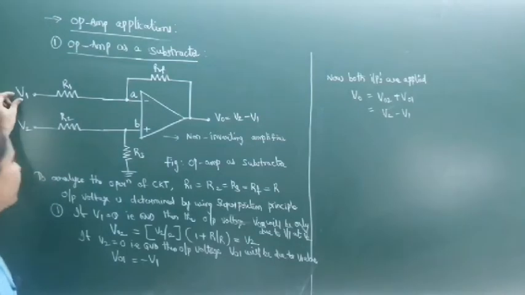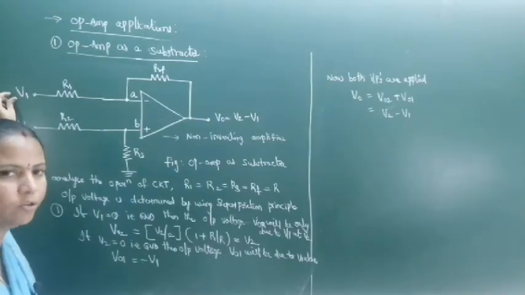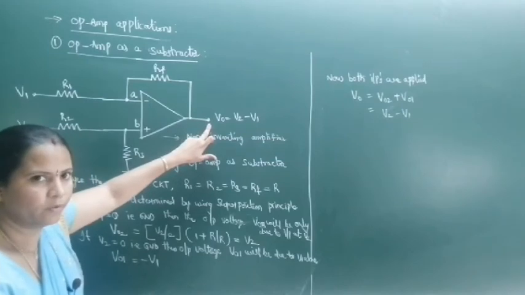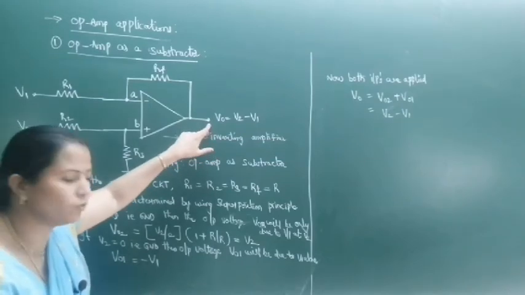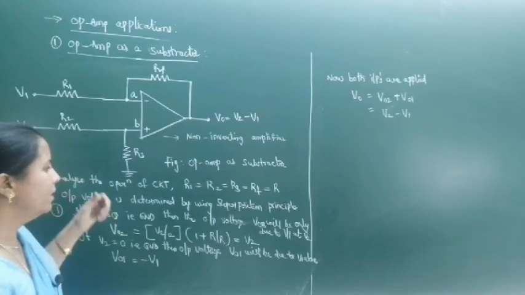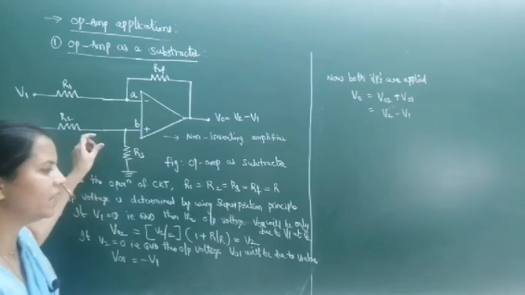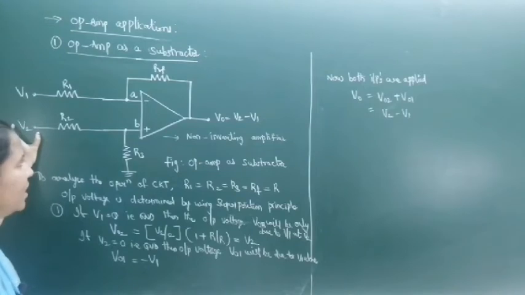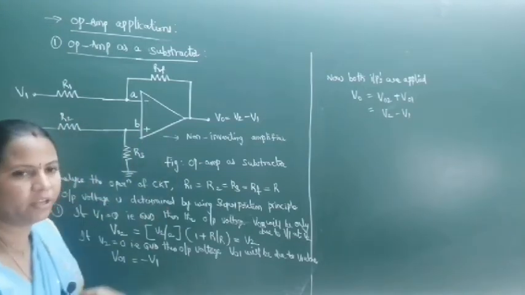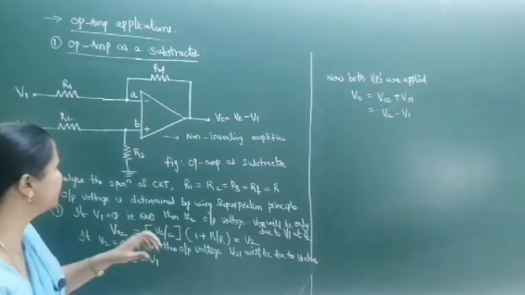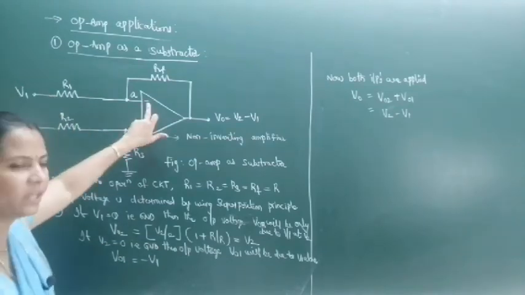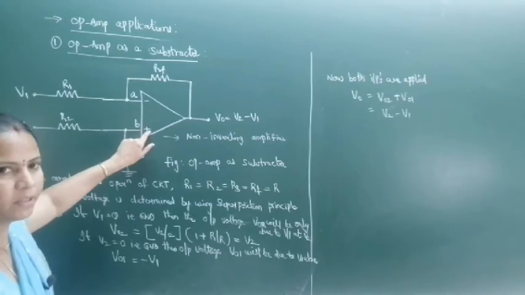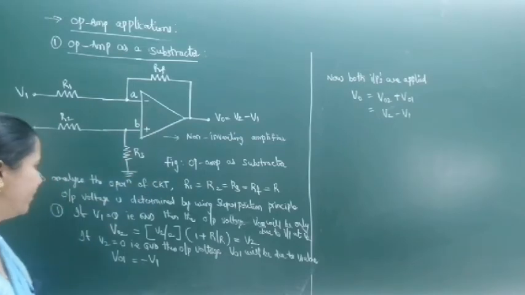If we give V1 equal to 0, connecting it to ground, the output voltage V02 will be only due to the input at V2. In this condition, the op amp acts as a non-inverting amplifier. That means there is no input at the inverting terminal and there is only input at the non-inverting terminal. That's why it acts as a non-inverting amplifier.